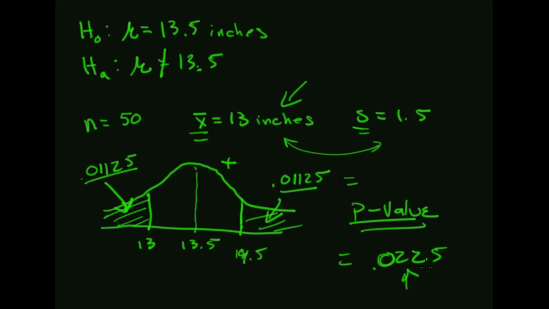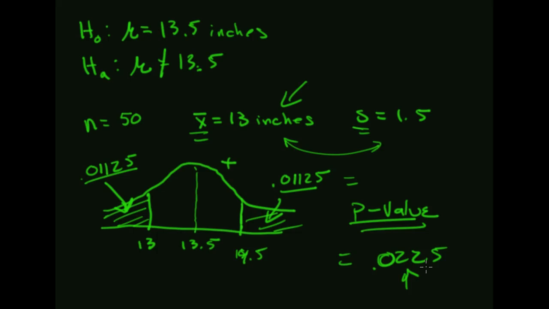Okay, so this really means that chances are the mean size of the laptop isn't 13.5. This statistic is saying that there's a very small chance that that's really it.